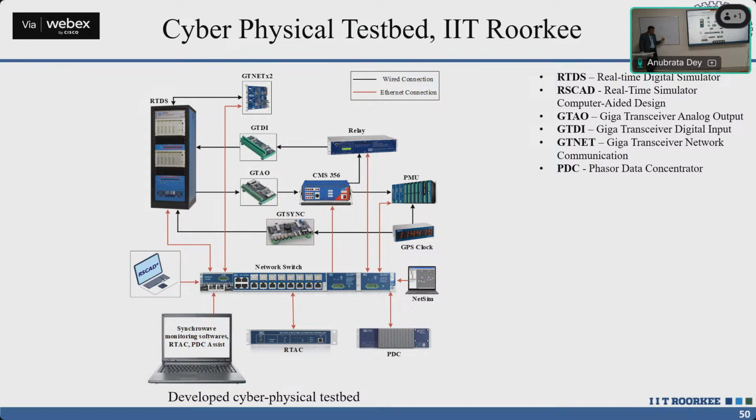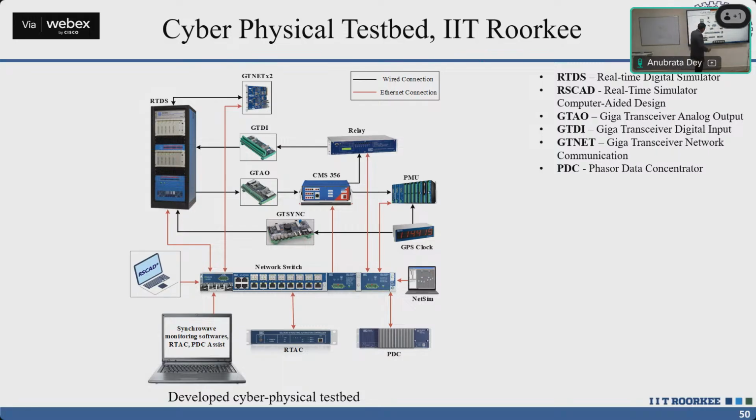They acquire the data at the same instances using the GPS clock. Even if they have not, time stamping can be done by the PDC also, which matches the time instances.